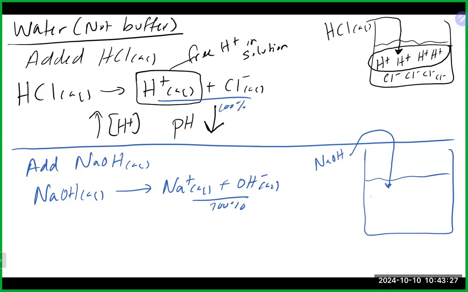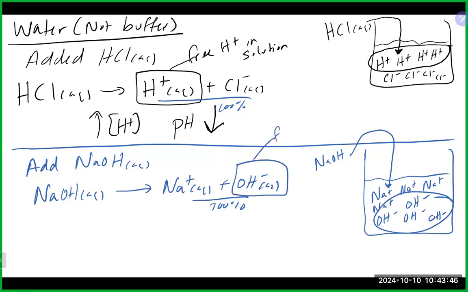That means that when we look at the solution, I just dumped in there a bunch of sodium ions floating around, which is not that important. But more important in terms of the pH is the amount of hydroxide ions that are floating around. That is a bunch of free hydroxide ions. We know the relationship of hydroxide is this.